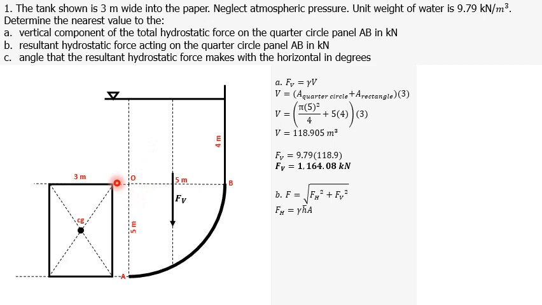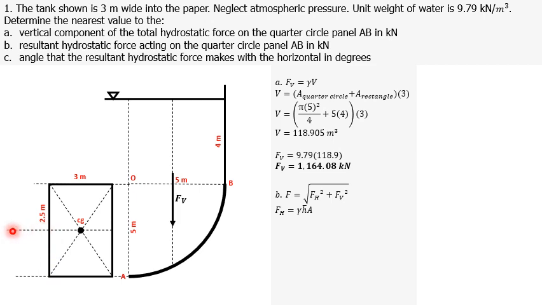The height of the rectangle is 5 meters from the radius of the quarter circle. So if the height is 5 meters, the CG is 5 divided by 2. So we have 2.5 meters. CG is located 2.5 meters from the top of the curve and 2.5 meters from the bottom of the curve.